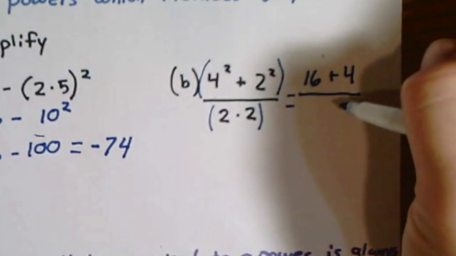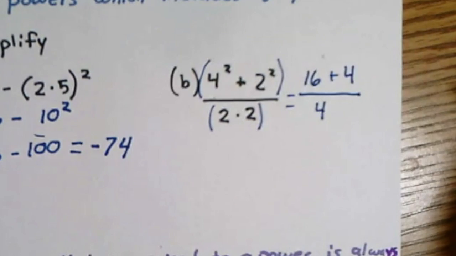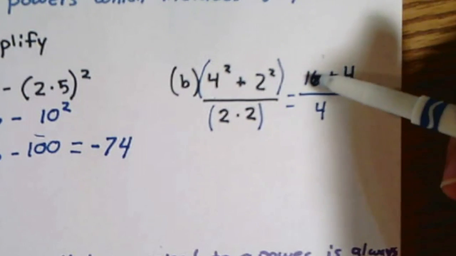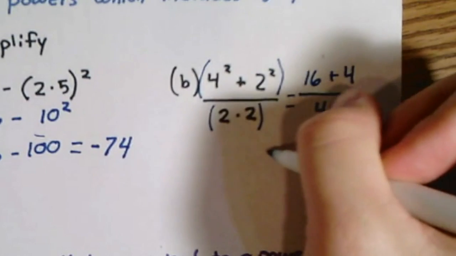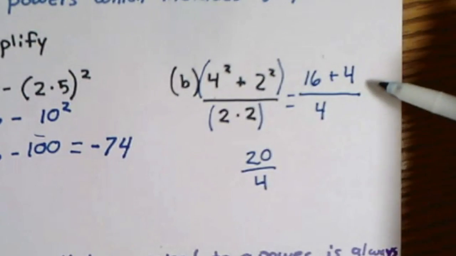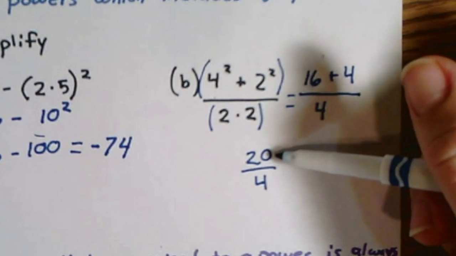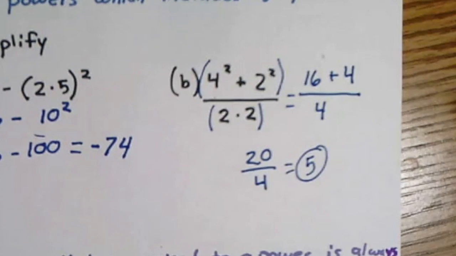And that's going to be over 2 times 2, which is 4. Now I'm going to simplify 16 plus 4, and 16 plus 4 is 20. And my last step is going to be to divide. So 20 divided by 4 equals 5, and my answer is 5.